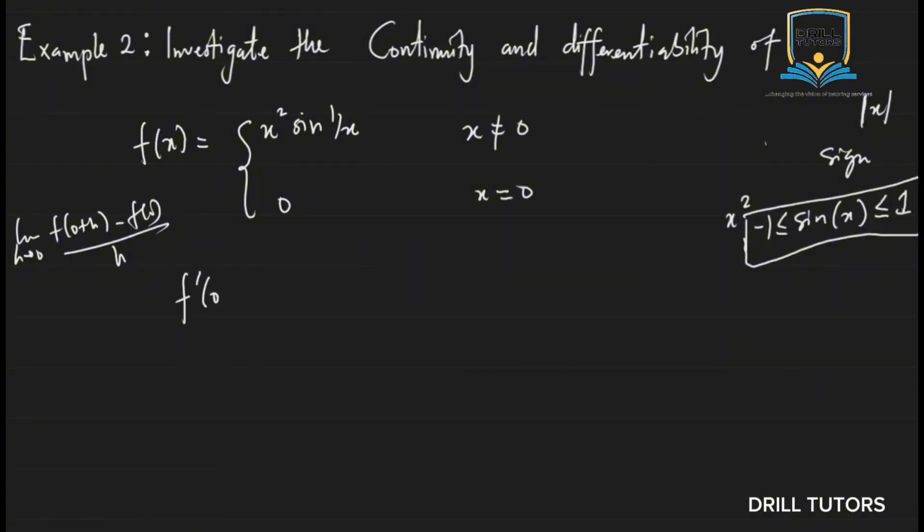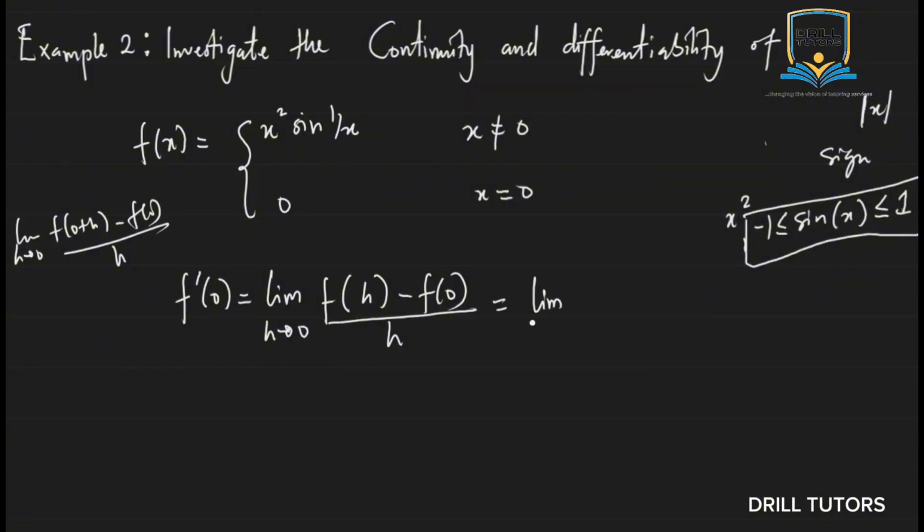The derivative of this function at point 0 is defined as limit as h tends to 0 of f at 0 plus h, so that's f at h minus f at 0 all over h, which is the same thing as limit as h tends to 0 of, now if you put h into this function, at the point when it is approaching 0, not when it is exactly 0.